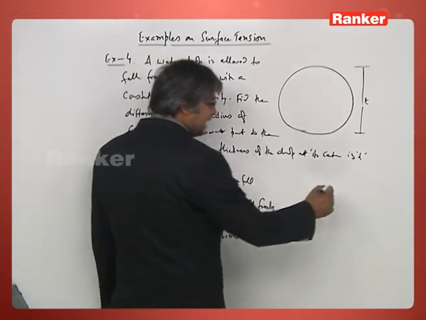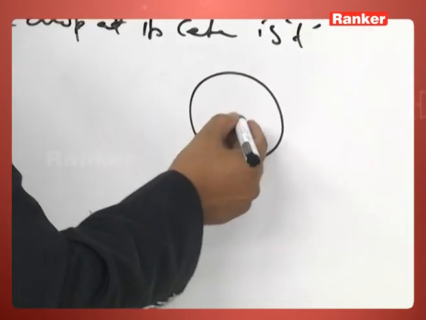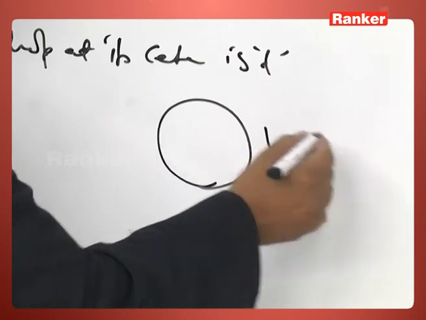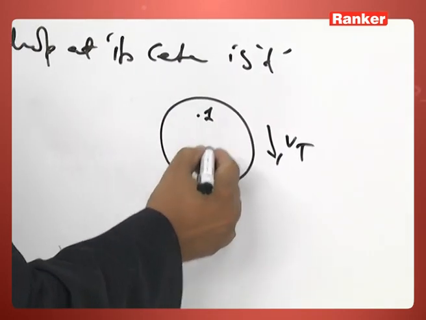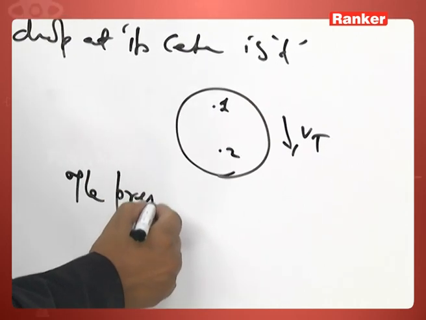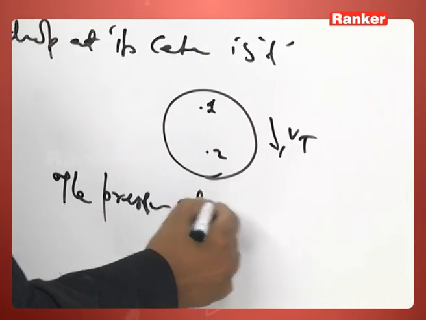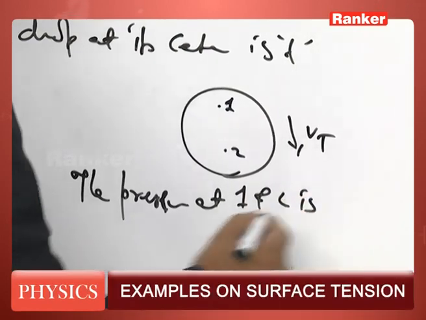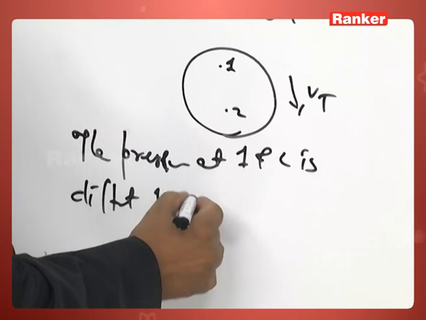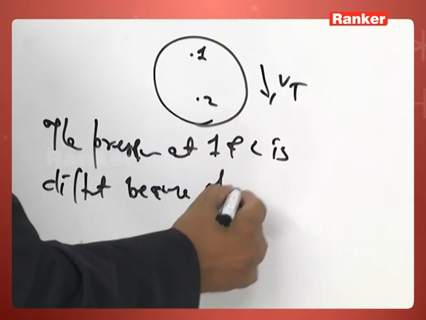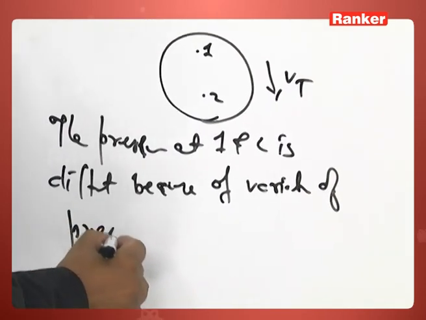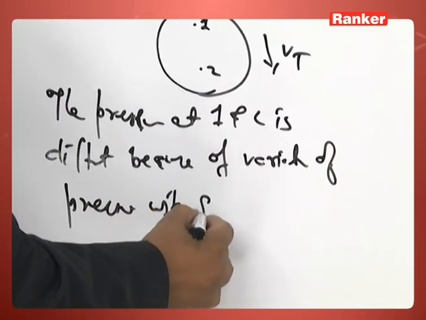Now when it is under free fall and due to viscous drag of air it comes to a terminal velocity, then the pressure at 1 and 2 is different because of variation of pressure with gravity.